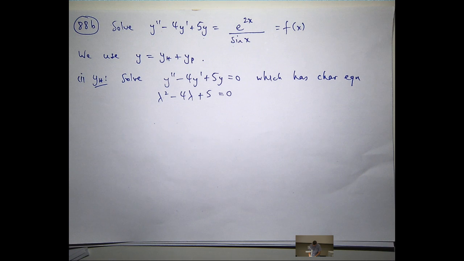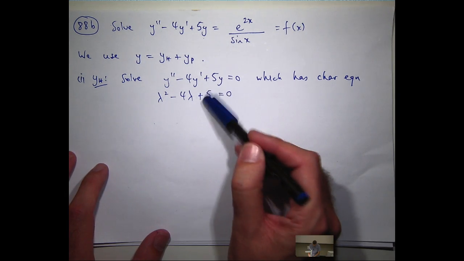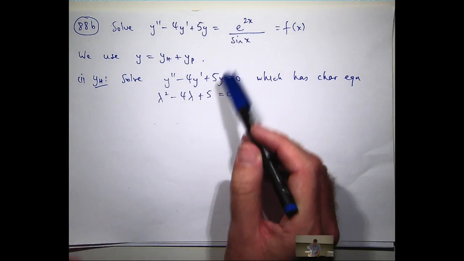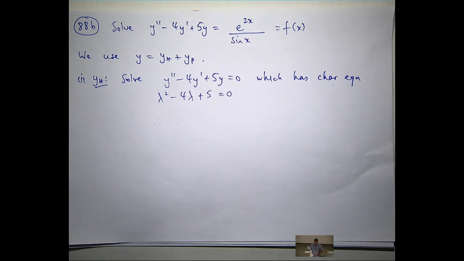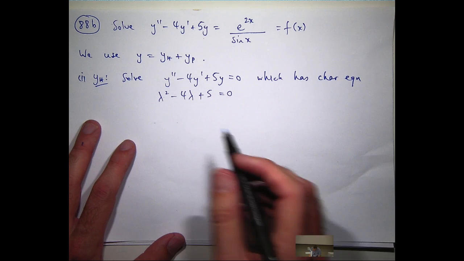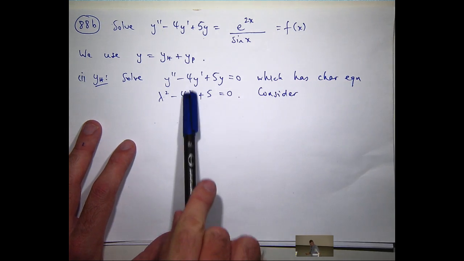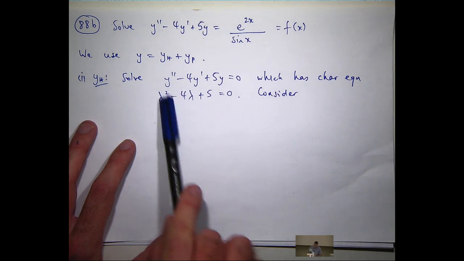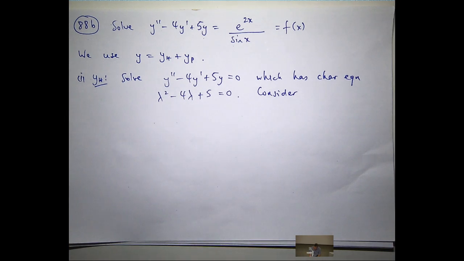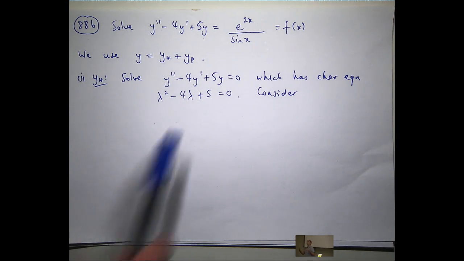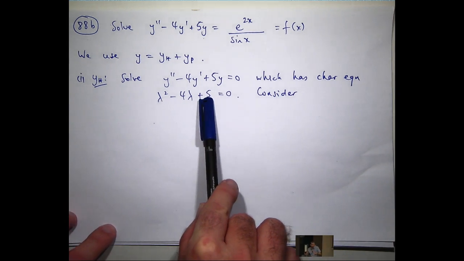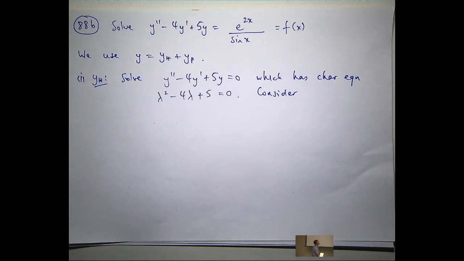Alternatively, you can break this 5 up in some sort of pretty fashion. Okay, and that's actually the way I'm going to do it. Now basically, half of the coefficient is -2. If you square -2, you get +4. So I'm going to break that 5 up into 4 plus 1.